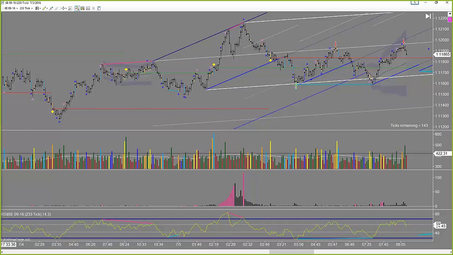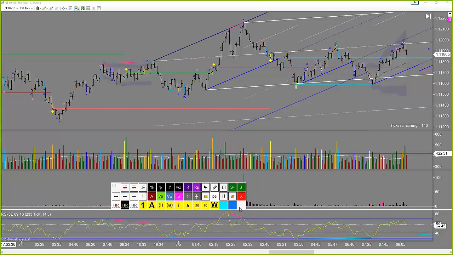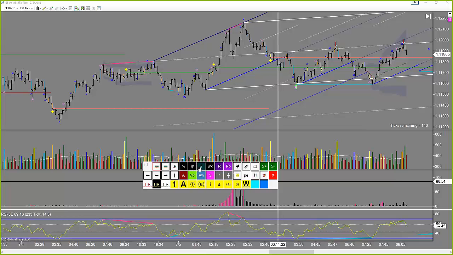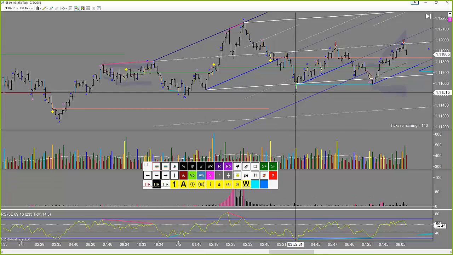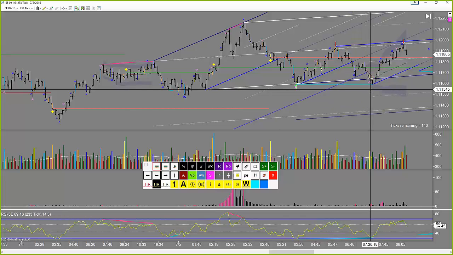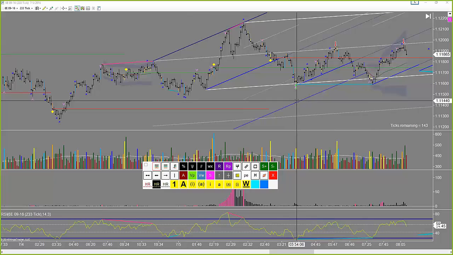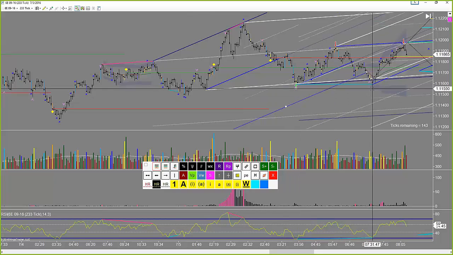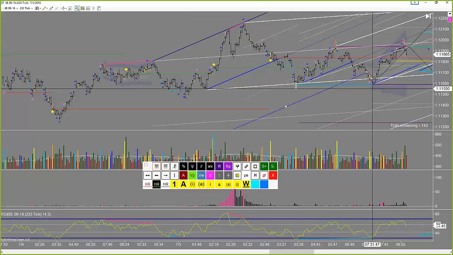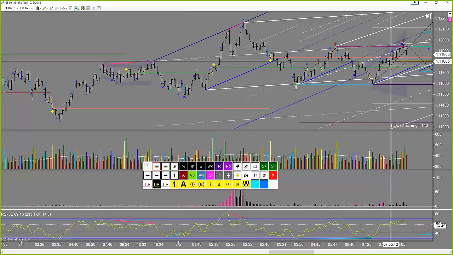Okay, so that's our nice little ABC, and of course that's tracing out a symmetrical ABC pattern right there. I think it actually might even be pretty close to completely symmetrical on the tick chart. Yeah, pretty close.